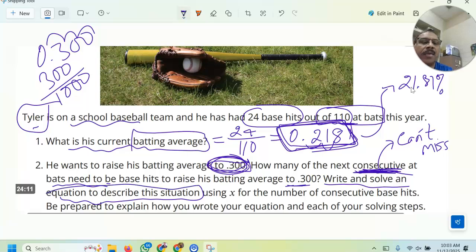This is a beautiful way of creating rational functions. Look at this nice rational equation. What does this mean to you? Using x for the number of consecutive base hits. Now, instead of 24 out of 110, a little pause.